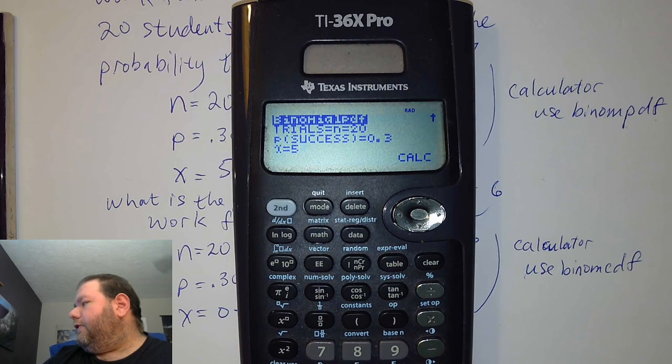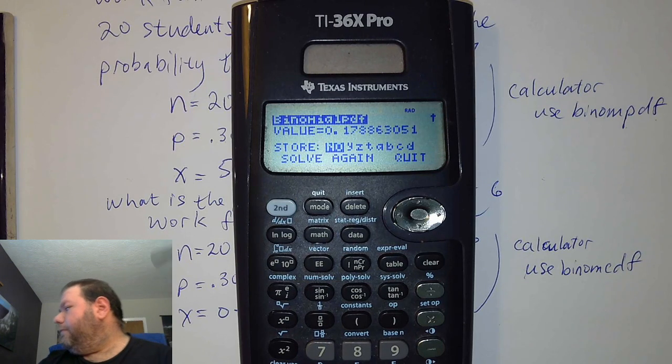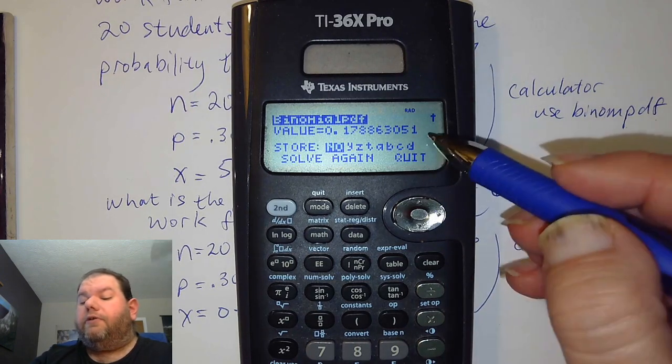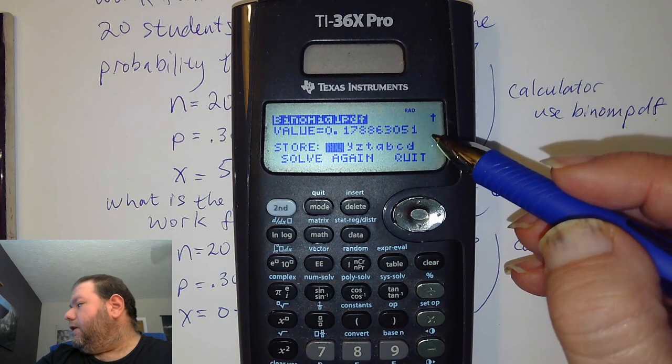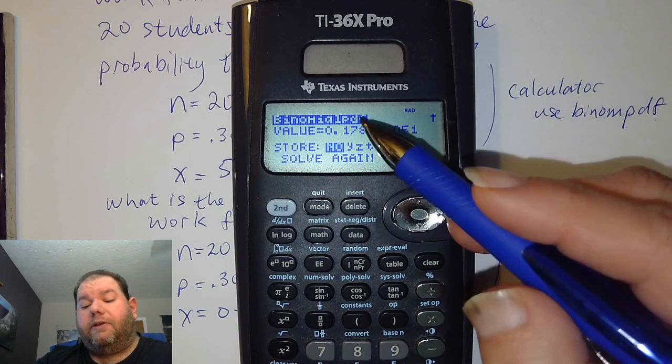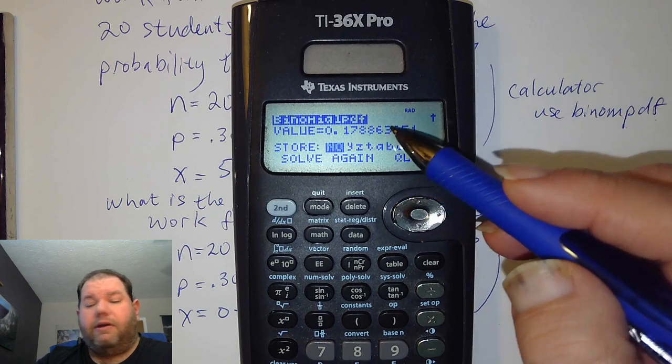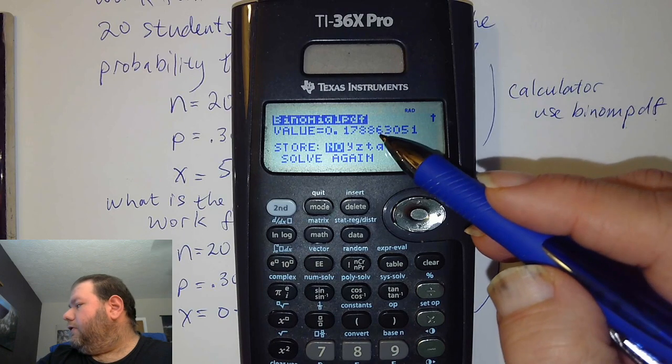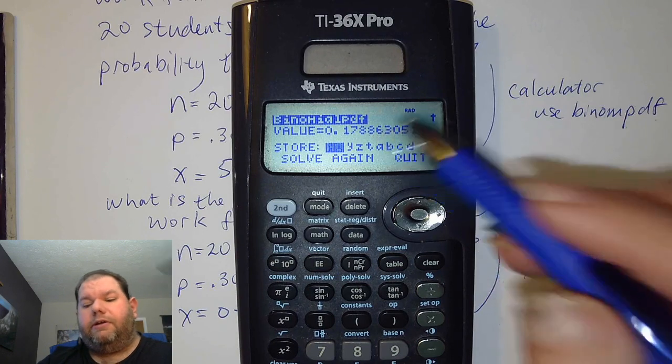And then we're using x equals 5. And then we calculate. Okay. And so here's the value, 0.178863051. But if we round to 4 decimal places, it's 0.1789. So the 6 there, we'll round that to a 9.